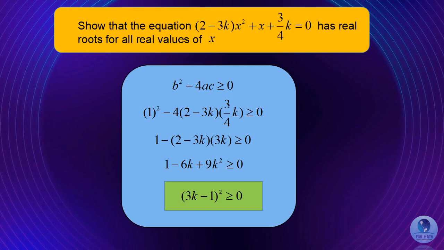Substitute all the values into the inequality and you get in the bracket 3k minus 1 squared is greater or equals to 0. Since squaring of any numbers will always give you 0 or greater than 0, therefore you have proven that this equation has real roots for all real values of x.